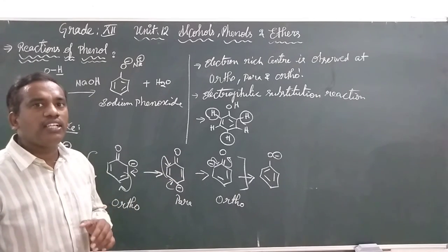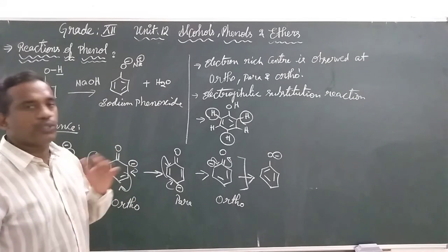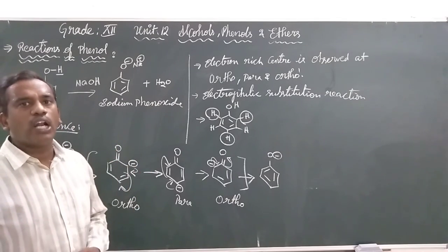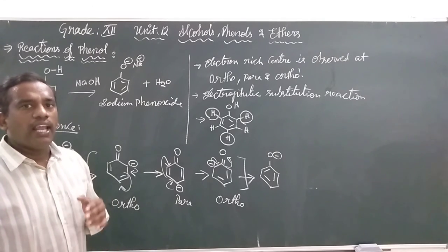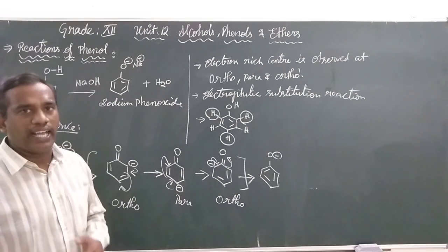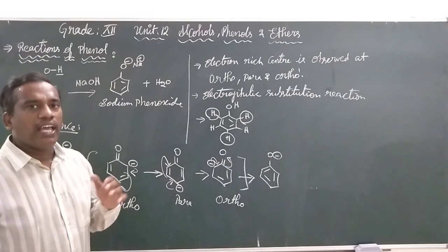Hence, phenol is readily involved in electrophilic substitution reactions. This is an aromatic compound, so we say phenol is undergoing an electrophilic aromatic substitution reaction. So what is the type of chemical reaction phenol is involved in?